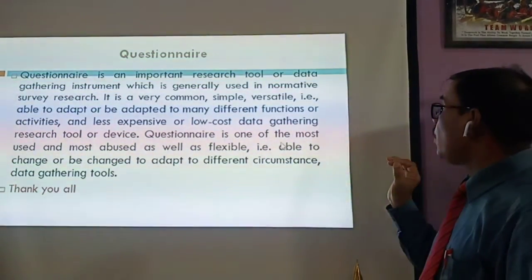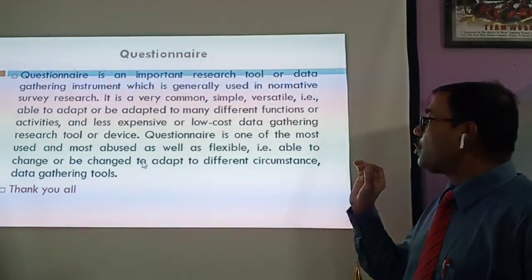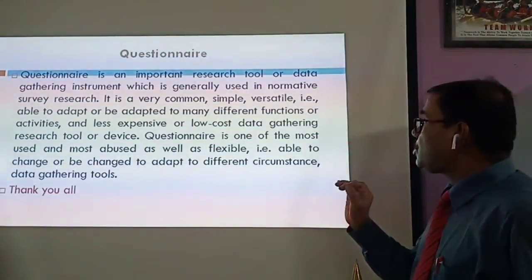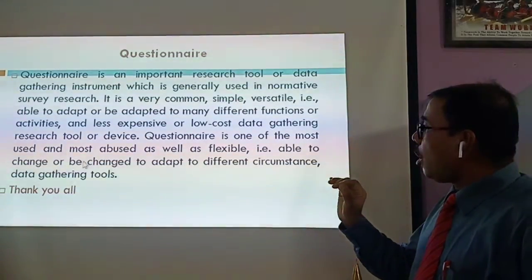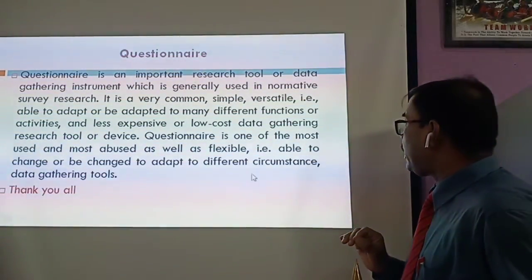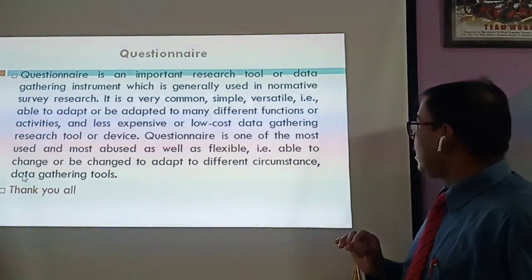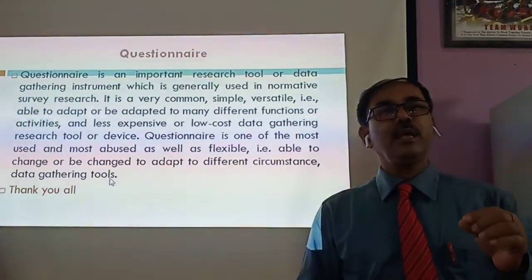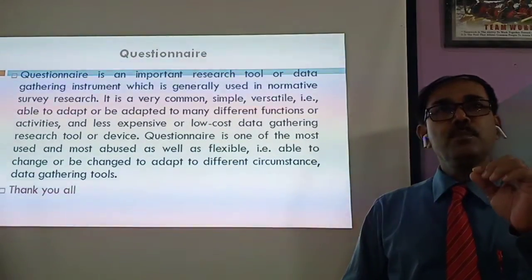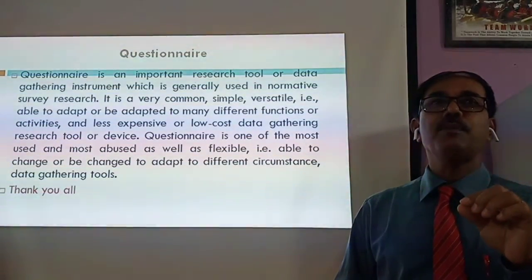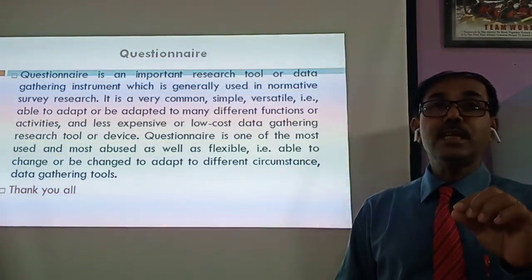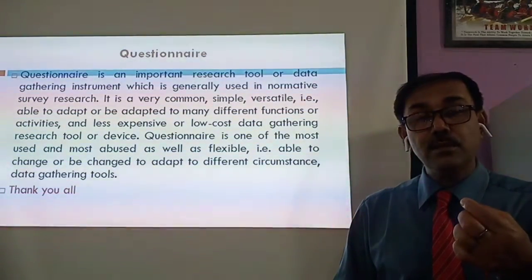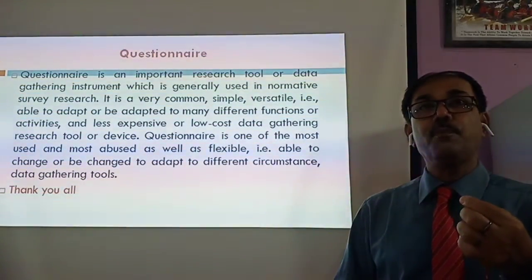Questionnaire is one of the most used and most abused, as well as flexible, data gathering tools, able to be changed to adapt to different circumstances. So friends, questionnaire is one of the most commonly applied data gathering instruments for the collection of research data.